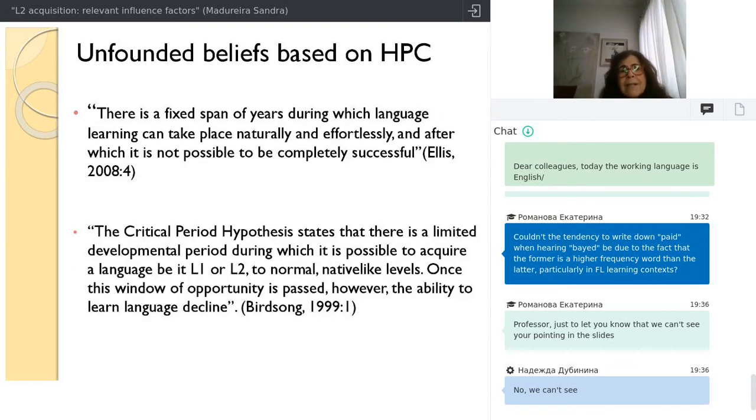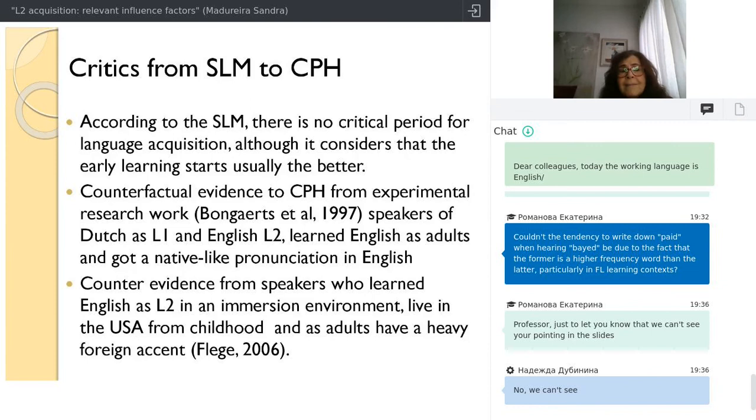And then what are the criticisms the speech learning model makes of the critical period hypothesis? That is, after a certain age, it's going to be very difficult for you to learn a foreign language, right? An L2 language. I'm not going to consider the difference here between L2 foreign language learning and acquisition, right? Not necessary in here.